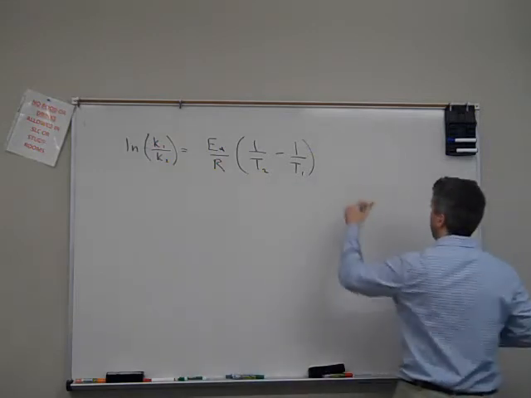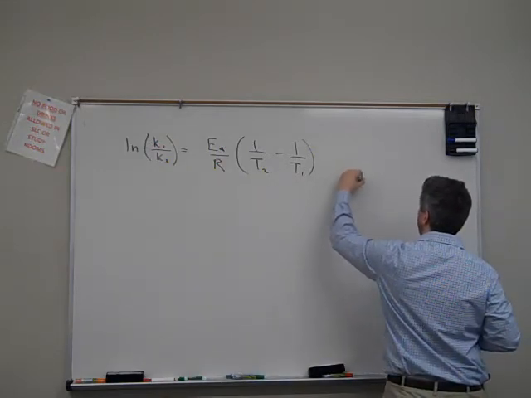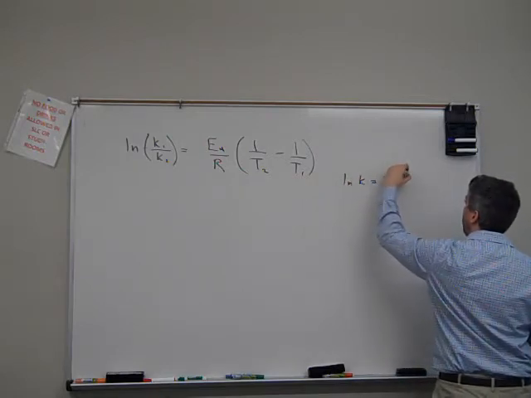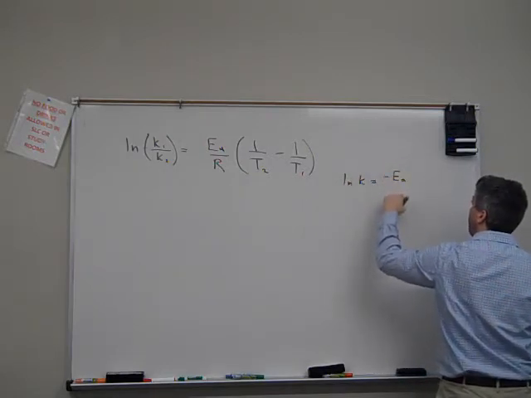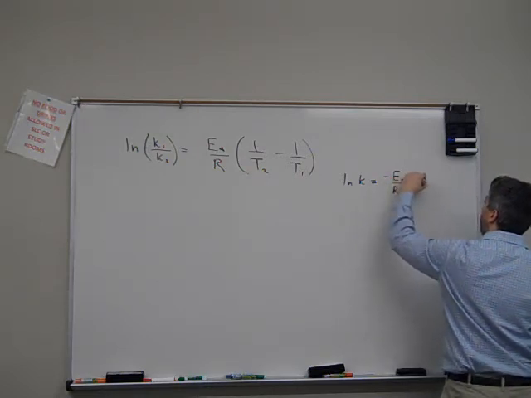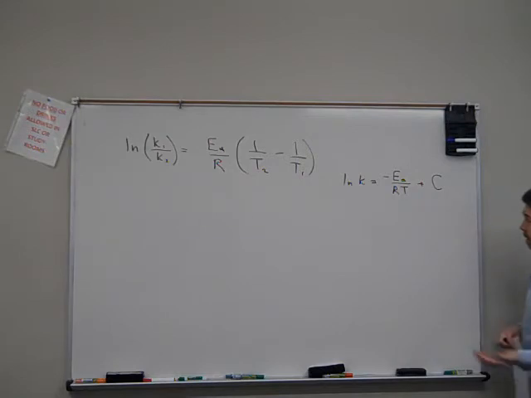The original form of the Arrhenius equation is simply the natural log of the K value is equal to the negative energy of activation divided by RT plus C, some constant.